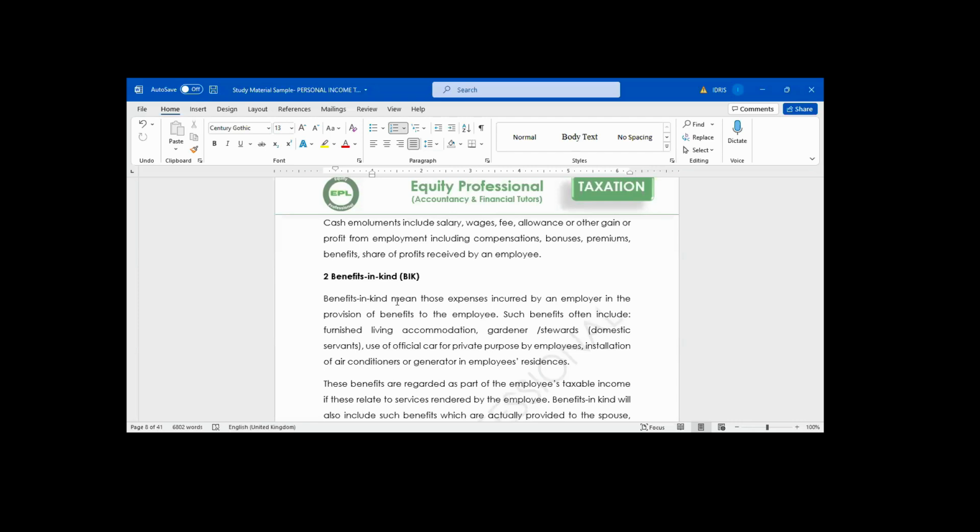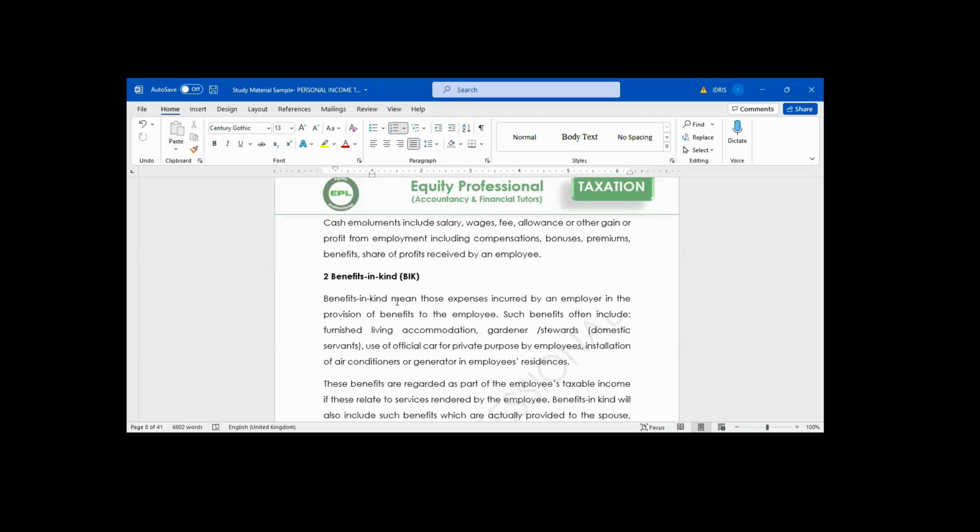What are the examples of benefit in kind? Provision of accommodation. If your employer provides you accommodation, they do not give you cash. They give you staff quarter that you are staying. That staff quarter accommodation is a benefit in kind. Provision of official car. Your employer gives you official car that you are using. It's a benefit in kind.